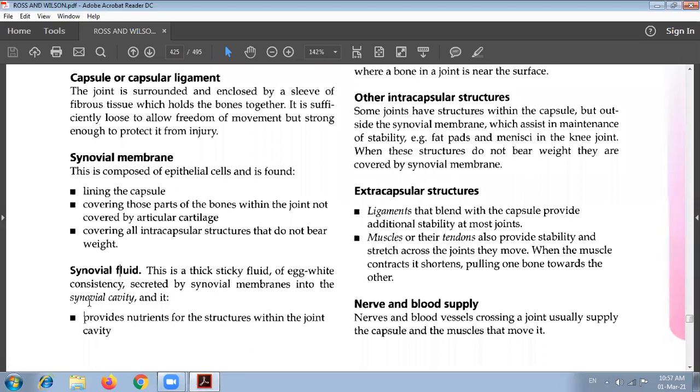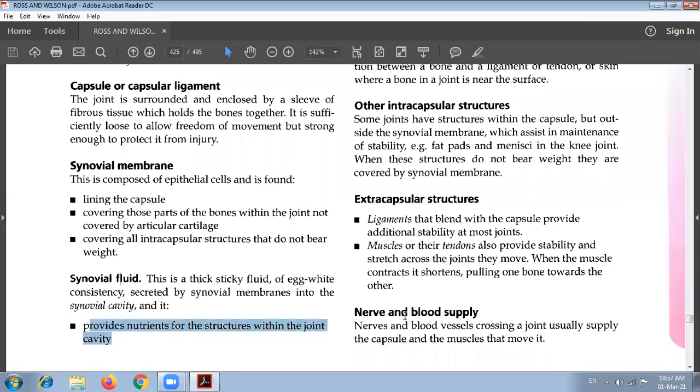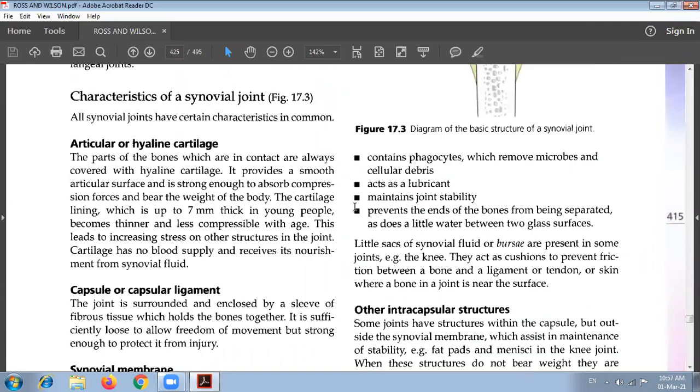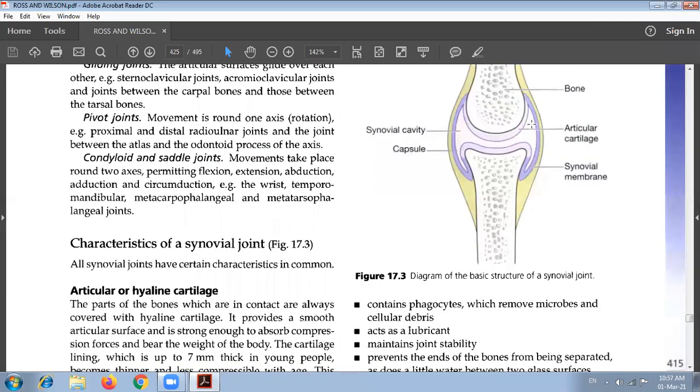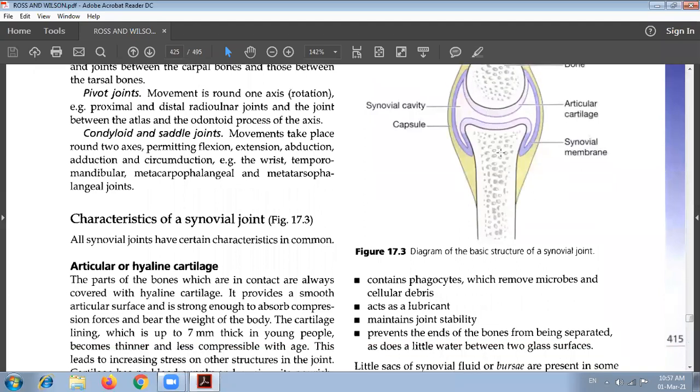So what is the function of synovial fluid? It provides nutrients to the structures of the synovial joint cavity. Then it contains phagocytes. Phagocytes are one of the non-specific types of defense system, and they remove microbes and cellular debris. The synovial fluid acts as a lubricant. As we have discussed, this fluid acts as a lubricant between these joints.